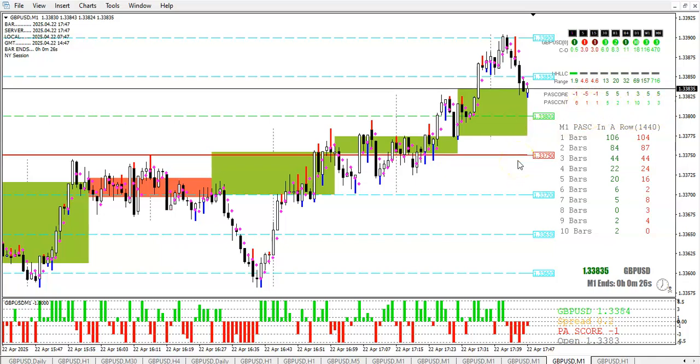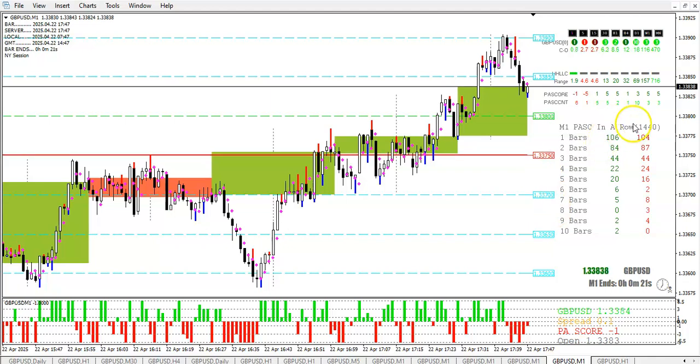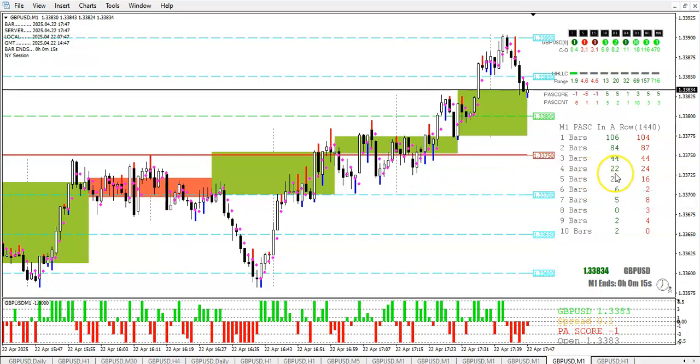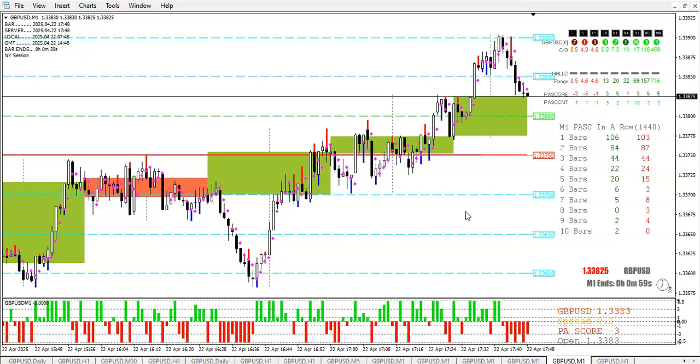Then I talked about how often we have these in a row, so I made an in-a-row indicator so you can see how many times you'll have 5 bars in a row or 6 bars in a row. I have it for the last 1440 minutes because that's how many minutes there are in a trading day in Forex.